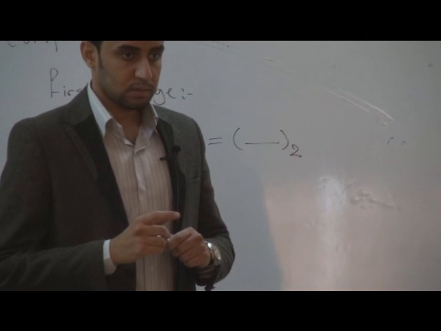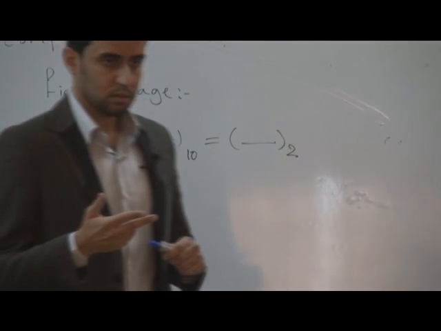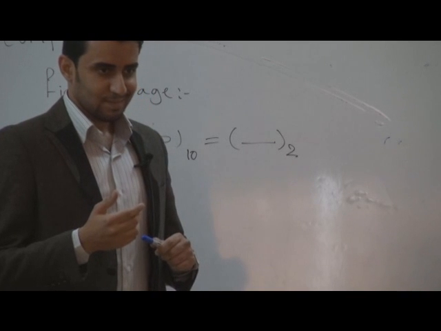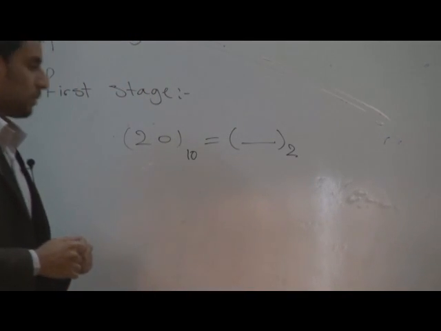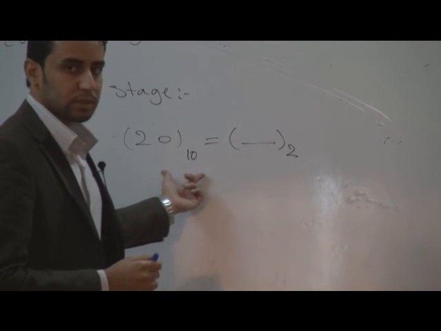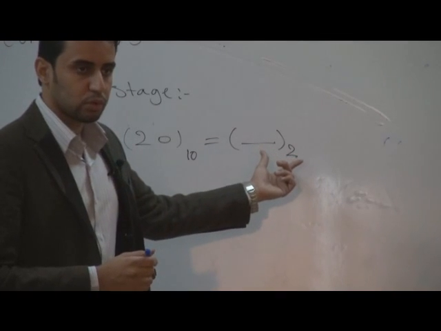Okay. Let me try first, and you will try again. Now we have 20 and want to convert it into the binary system.